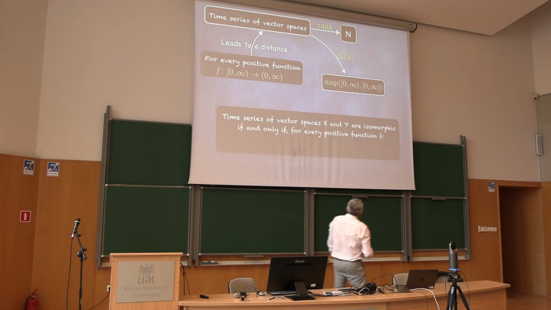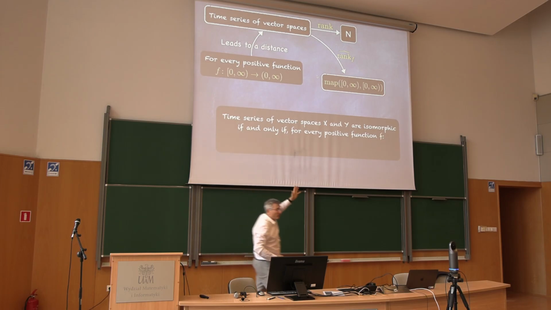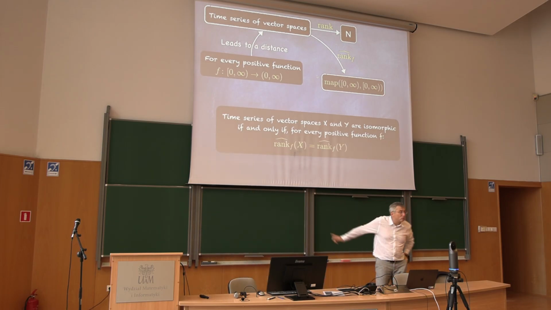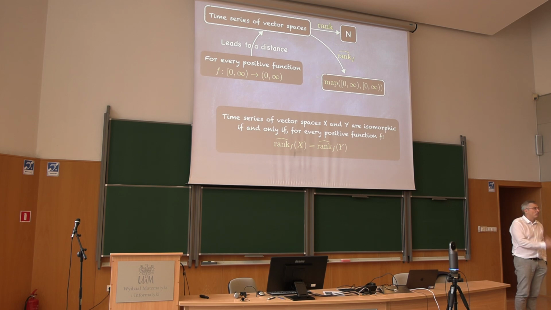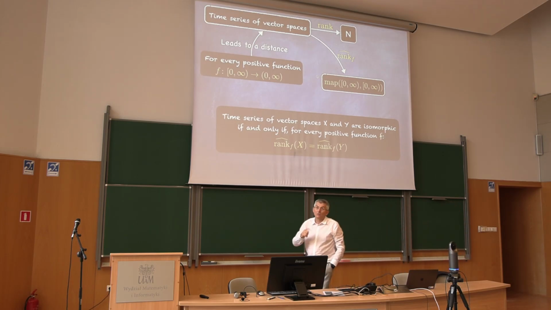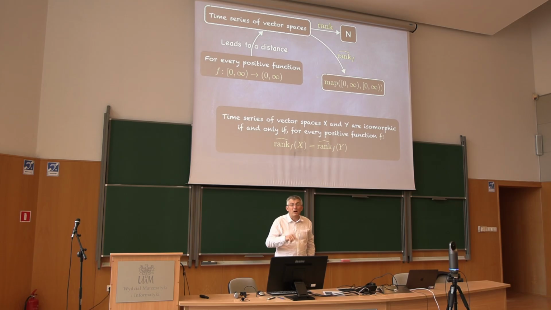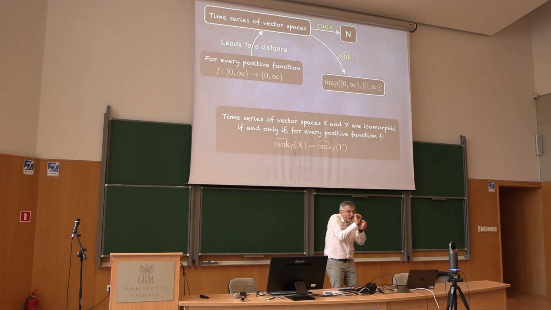Okay. Now that representation is effective in the following way. Time series of vector spaces are isomorphic if and only if, for every positive function, for every distance, the shadows are the same. So if you want to distinguish your time series of vector spaces, if you have enough windows, you actually will distinguish. I want to emphasize that so far I have not mentioned, okay, well there was once barcoding. But what I find fascinating is that barcoding is about this individual guy.